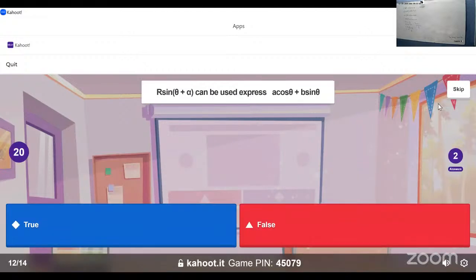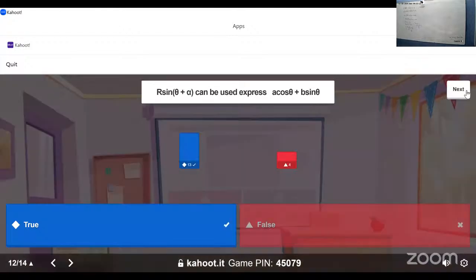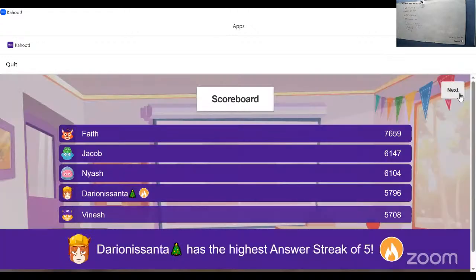True or false? Right, this is how they work it out, because it's a plus and a plus. So we are supposed to get a plus, right?